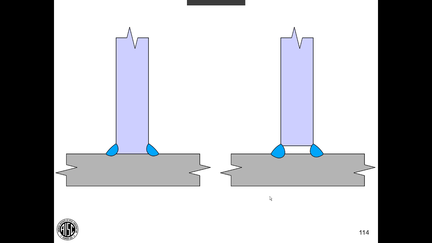Now, as to why we have the 50% increase, that's a complicated issue, but transverse welds are usually more uniformly loaded. The testing of transverse welds shows that they do not fail along the theoretical 45-degree throat of a 90-degree T-joint. Rather, that angle rotates to a point where it's much more perpendicular to the applied load.